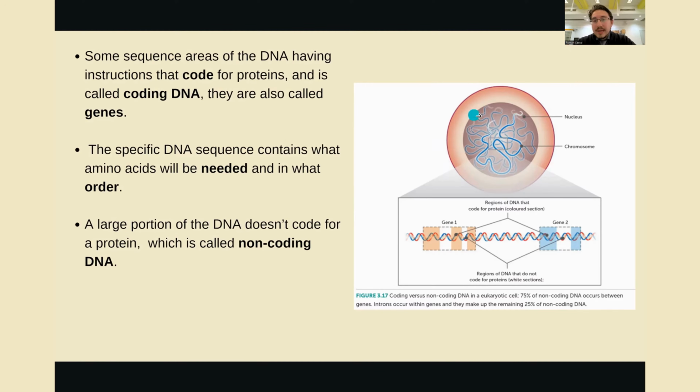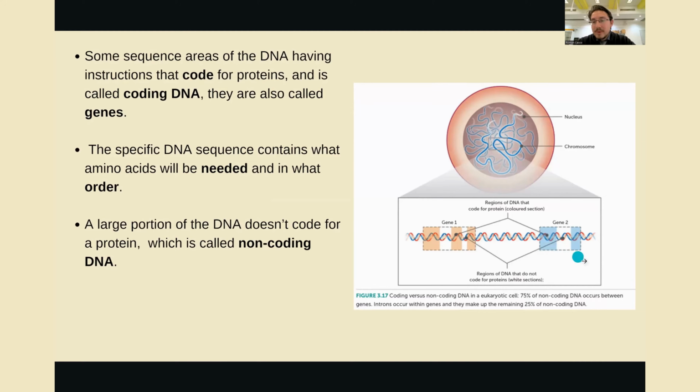So here you have this diagram with a cell and a nucleus, and inside you have the DNA. You zoom into that section of DNA, and not the entire strand will code for something, only certain sections.